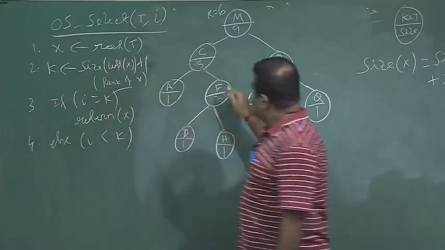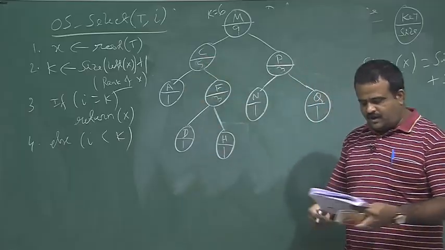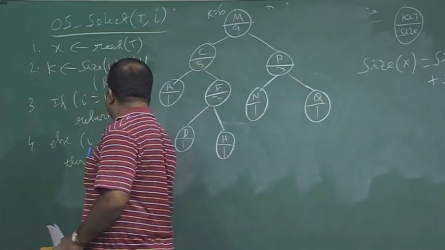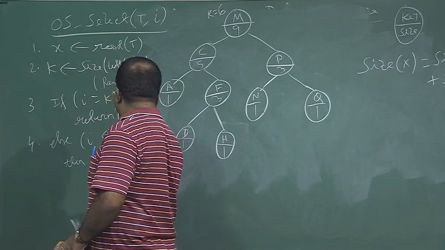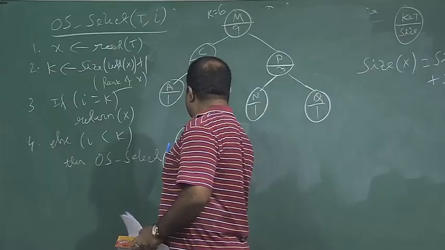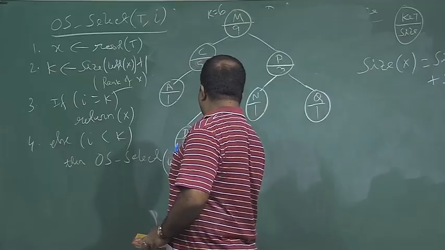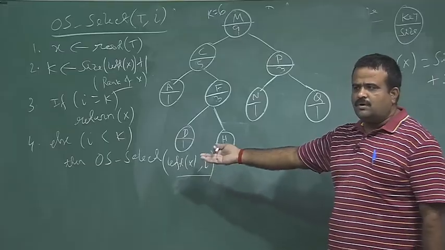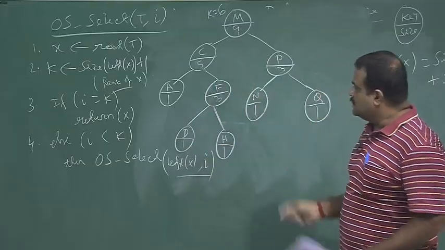We have to look at the left part of the tree, so we call the same OS select with the left of x with the same i. This is the same code as we discussed in our select.